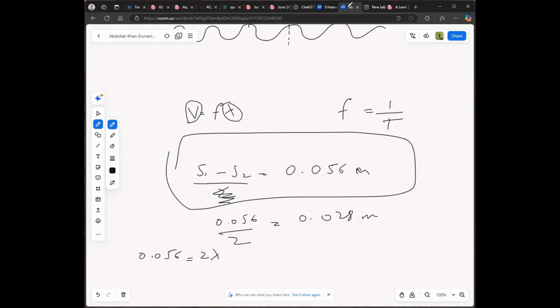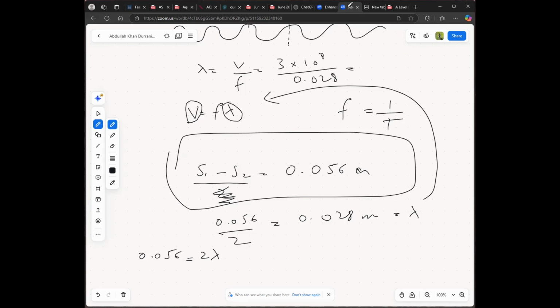It must be equal to 2 lambda, and then you divide it by 2, so you have actually got lambda. Then you can use the formula to calculate, which is v over f, and velocity is 3 times 10 to the power 8 divided by 0.028. How much did you get?